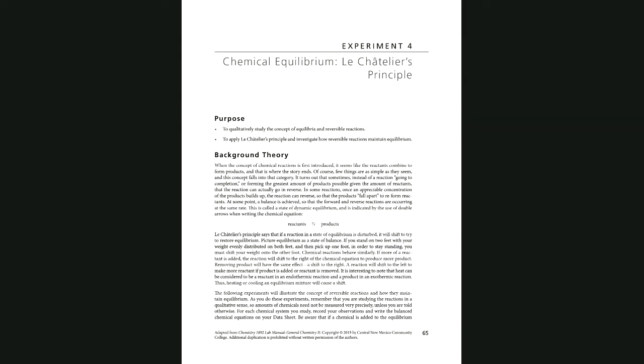Let's say your reaction is endothermic. If it's endothermic, that means the heat is going to be on the reactant side. If you increase the temperature, the reaction is going to shift to the product side because heat needs to be consumed. This is the challenging part of the experiment that I tell you.